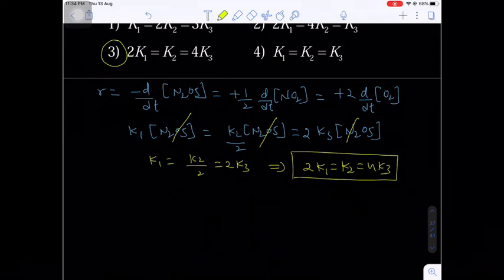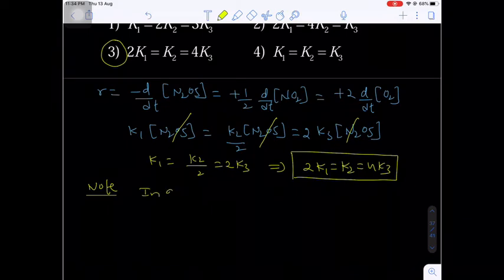Now here I will tell you one short formula to calculate directly the relation between K1, K2 and K3.